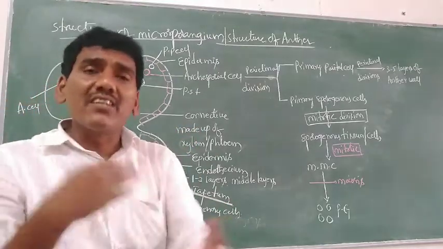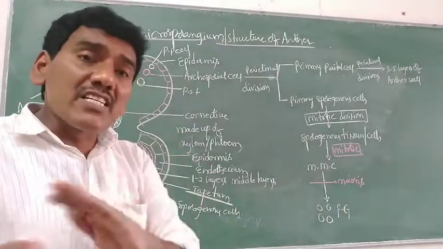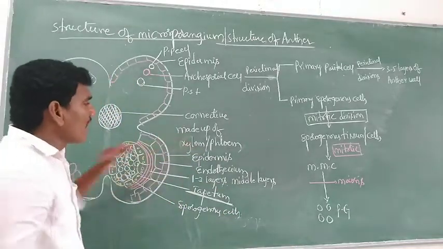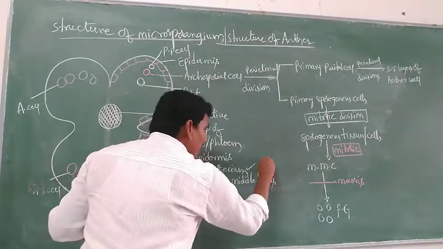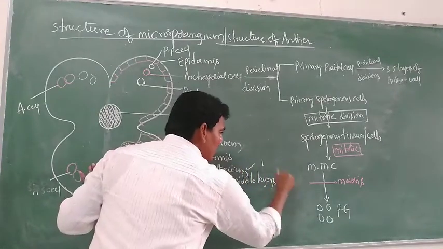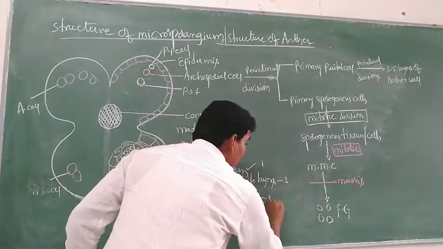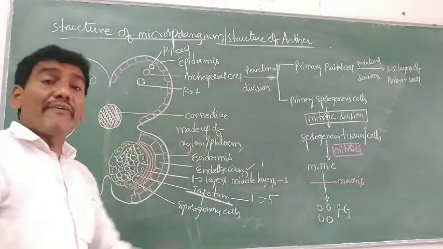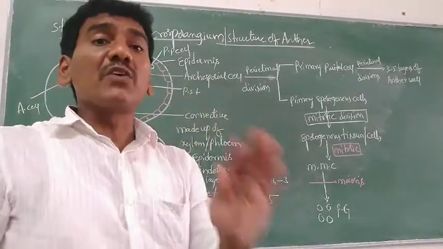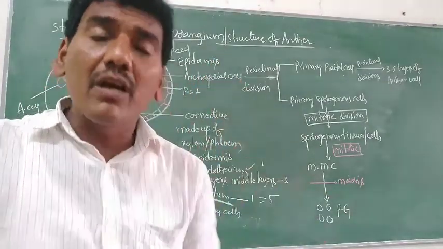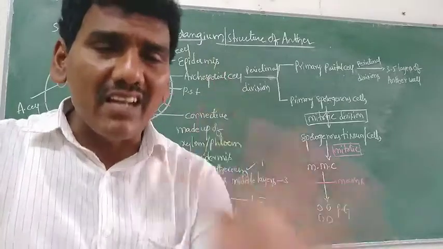Later we will discuss the entire characteristic features of the tapetum. Endothecium is 1 layer, middle layers are 3 layers, tapetum is 1 layer. In total, how many wall layers are developed? 5 wall layers. Those 5 wall layers of the anther are developed from the primary parietal cell.